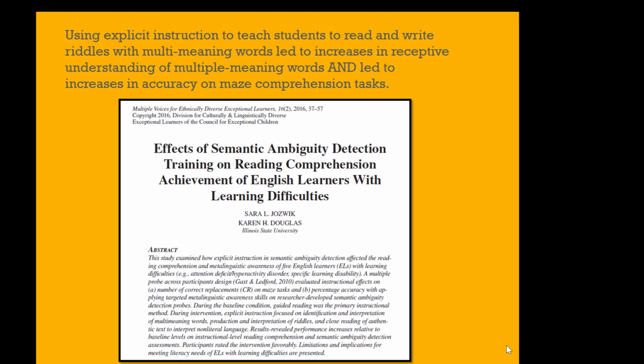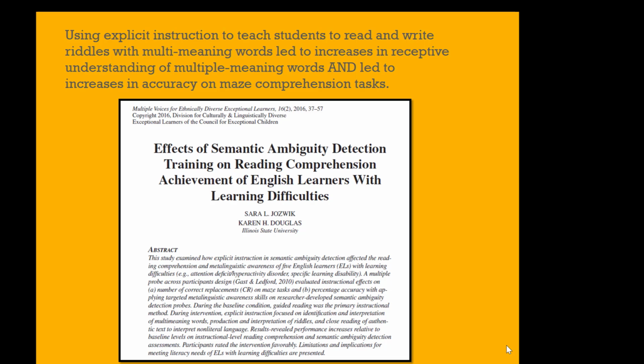There's a study that I did with my colleague Karen on teaching English learners with reading difficulties to read and write semantically ambiguous riddles. So we used multi-meaning words. We explicitly taught multiple definitions of the words through an explicit instruction teaching routine, and then had students practice reading and writing riddles with the words, and we found a functional relation in the design.